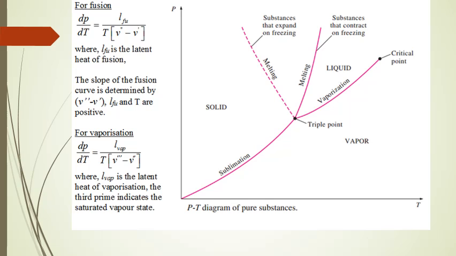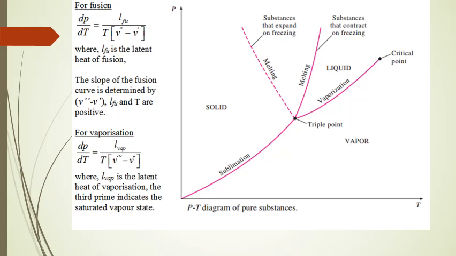Now for fusion, dP upon dT is equal to latent heat of fusion upon T into (v double prime minus v single prime), where latent heat of fusion is given by L fus. The single prime indicates the saturated solid state and the double prime indicates the saturated liquid state.